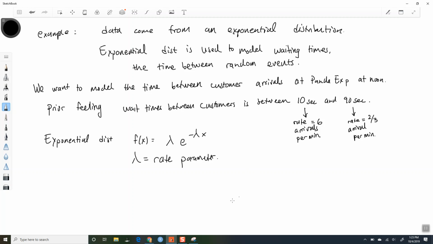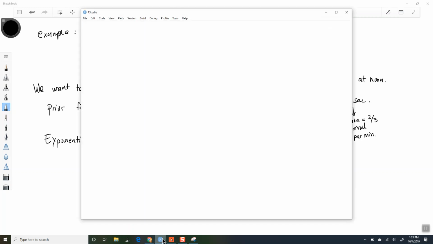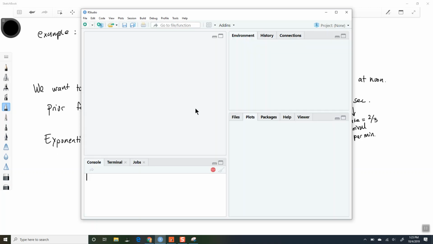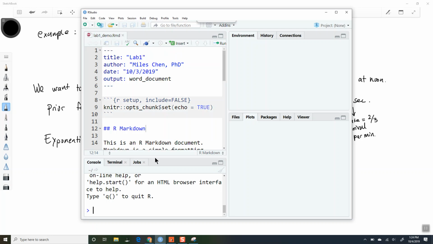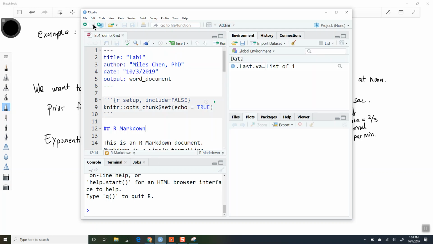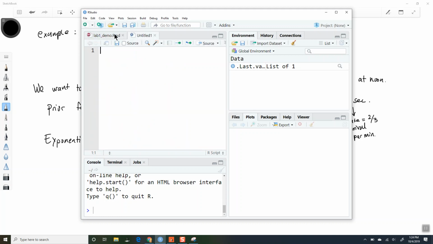So we might have to do a little bit of guess and check here, because maybe we don't have the most comfort with the gamma distribution, but we'll just pick some arbitrary values for coming up with our prior distribution.